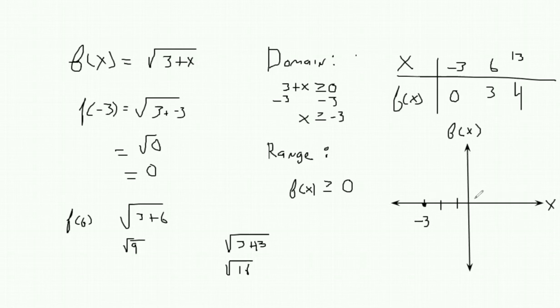When x is 6, 1, 2, 3, 4, 5, 6, I have an f of x of 3. And when x is 13, somewhere way out here, I am at 4.